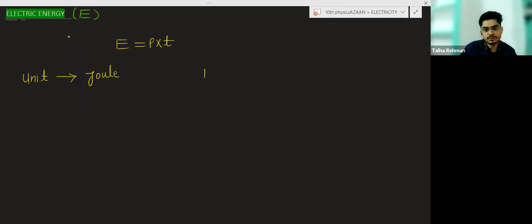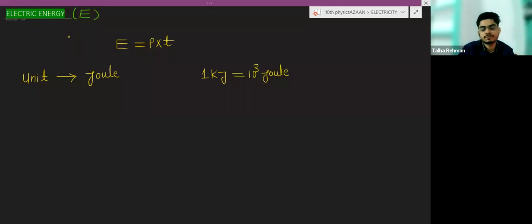If somewhere written 1 kilojoule, it means 10 to the power 3 joule. Now there is one more thing here. This is very simple. Electric energy is electric power multiplied by time. P is electric power.